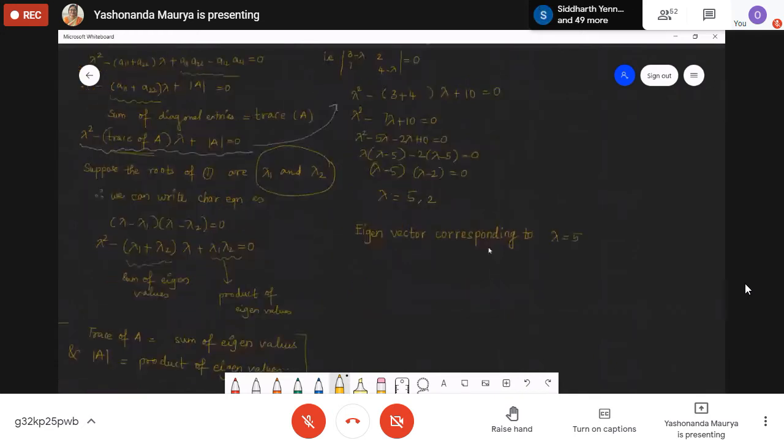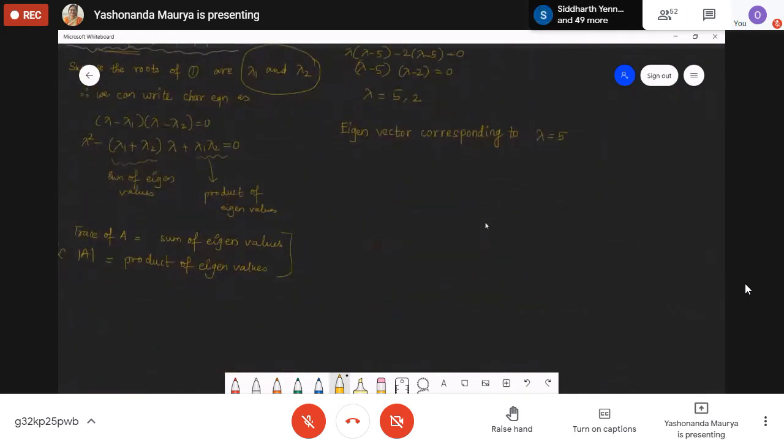What we are trying to solve is A x is equal to lambda x, for which A and lambda are known to us. This x is the eigenvector which we are trying to find. So how do we do it? A x minus lambda I times x is equal to 0, then we take x common. Actually, this equation is the most important one.